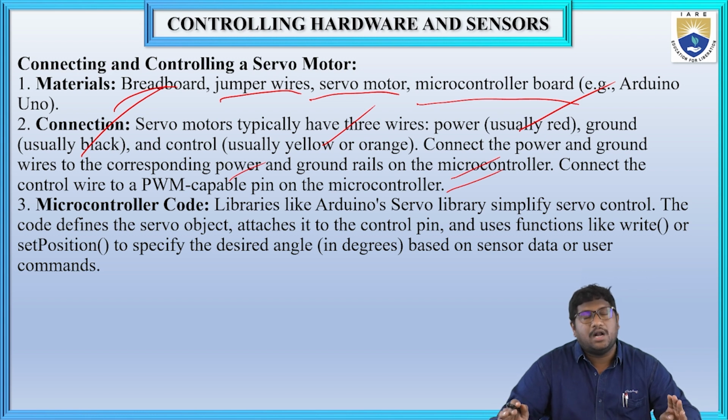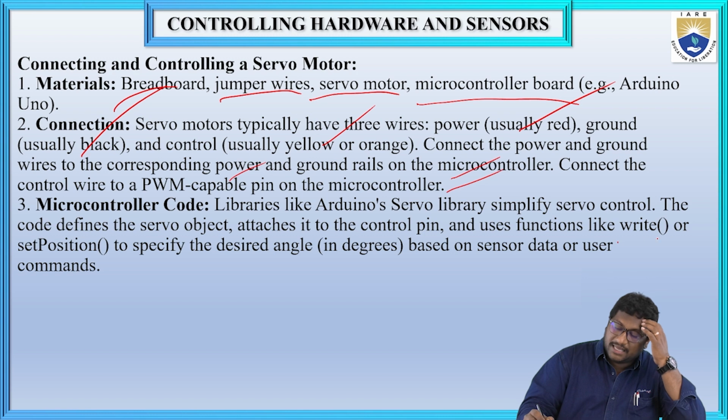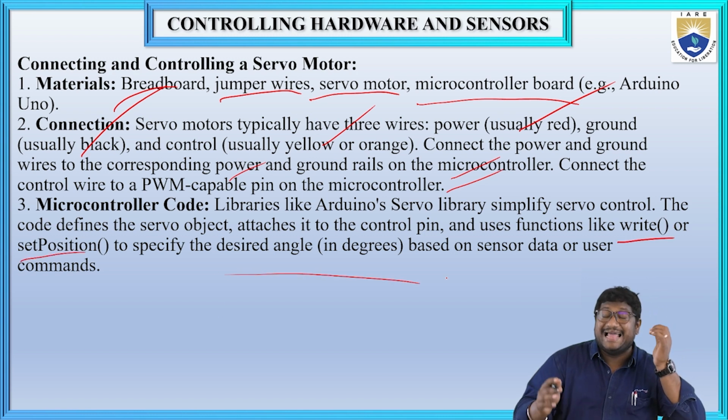And coming to the third part, which is the microcontroller code, we have n number of libraries like the Arduino Servo library, which is useful for controlling these motors. The code defines how the servo object is created, how the pins are attached, and how the functions are written, such as the write function and the set position function, for a desired angle.